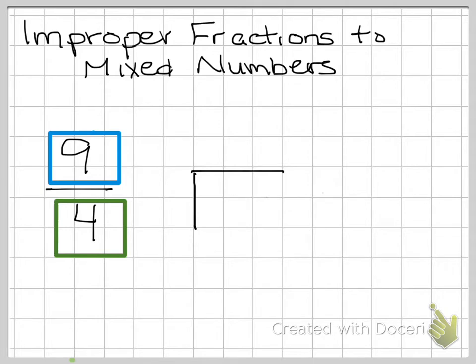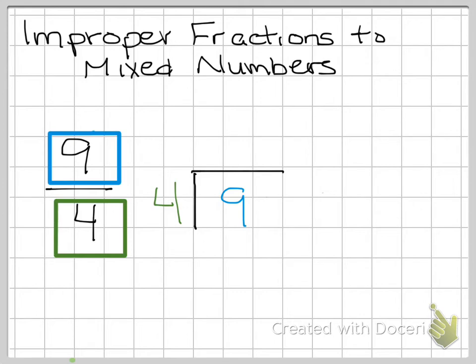So, to do that, what we basically have to do is divide 9 by 4. In order to do that, I have a division sign set up here. And then I'm going to go ahead and put my numbers into my division sign. The first thing that you will notice is that the 4, which is our denominator, goes on the outside, and the 9, which is the numerator, goes on the inside of my division problem.